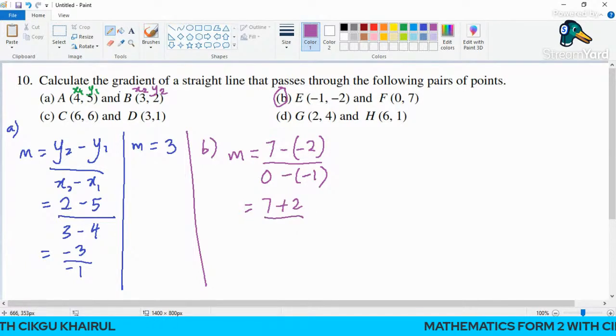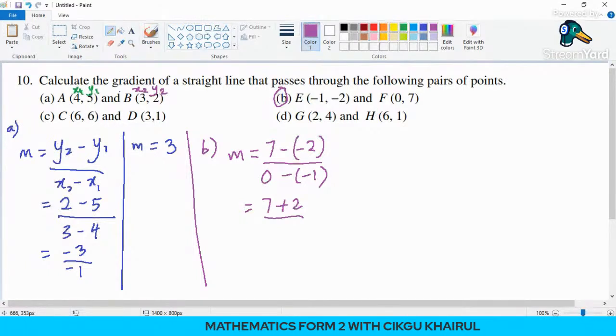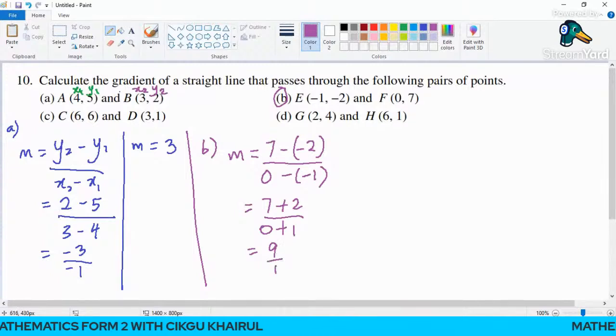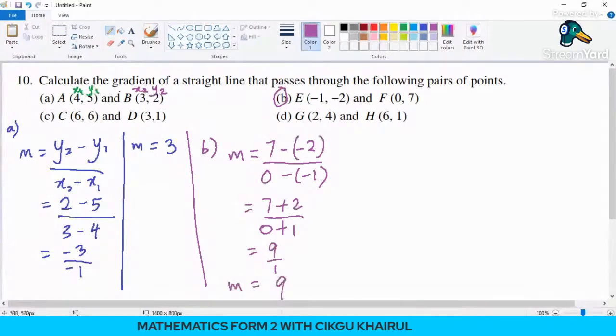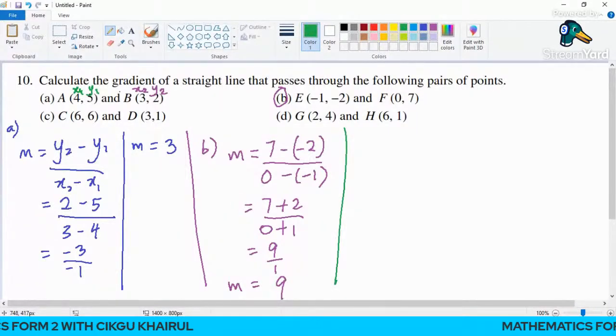So 0 minus negative 1, actually we can simplify as 0 plus 1. So this is 7 plus 2 divide 1. And the final answer I write here as 9. Gradient equal to 9 for question B. Okay, next question C.